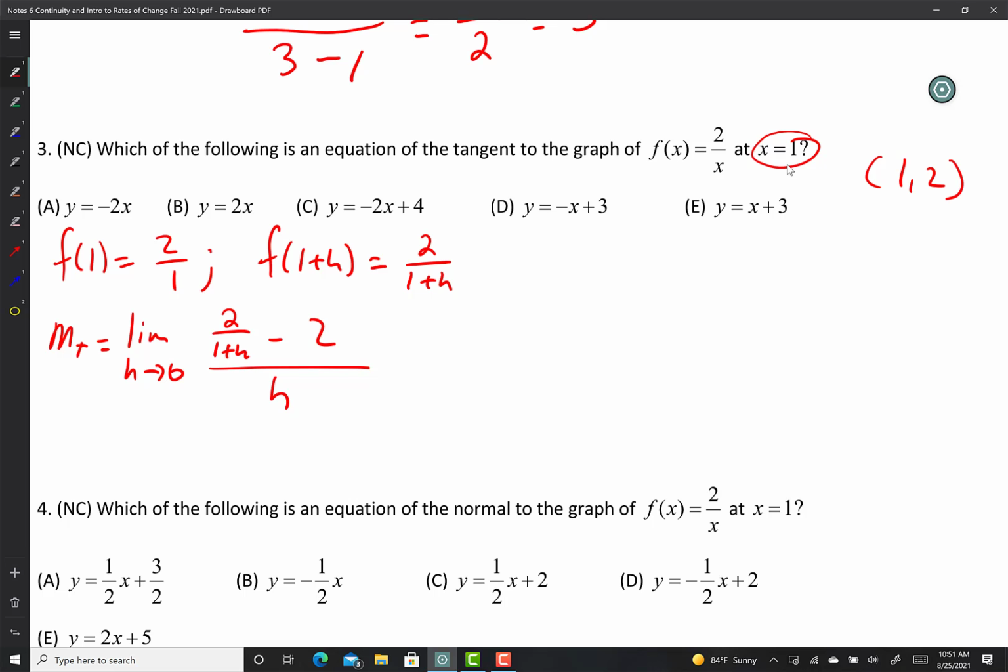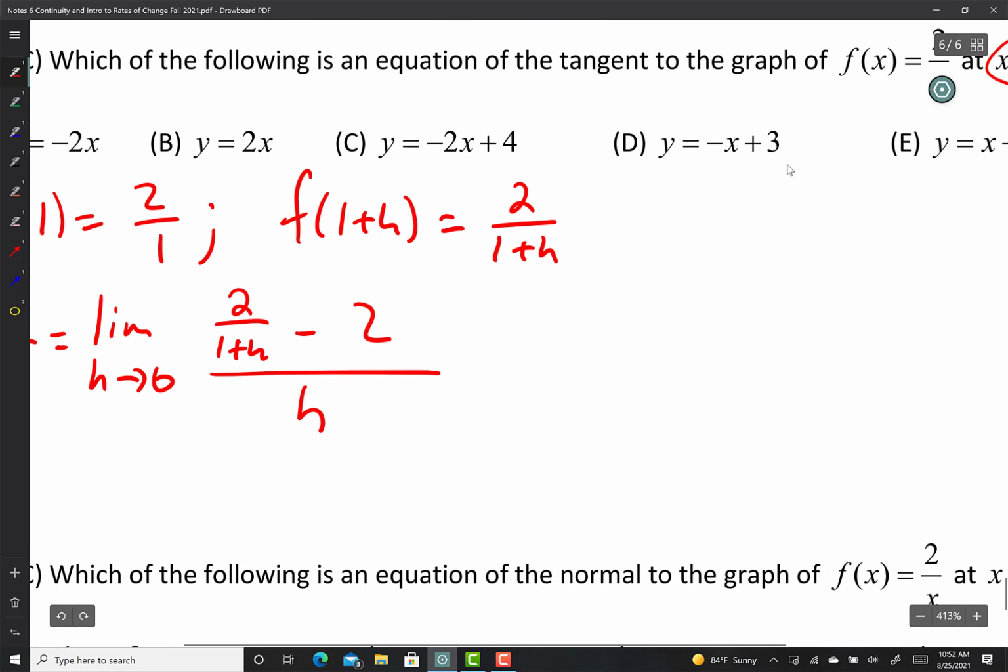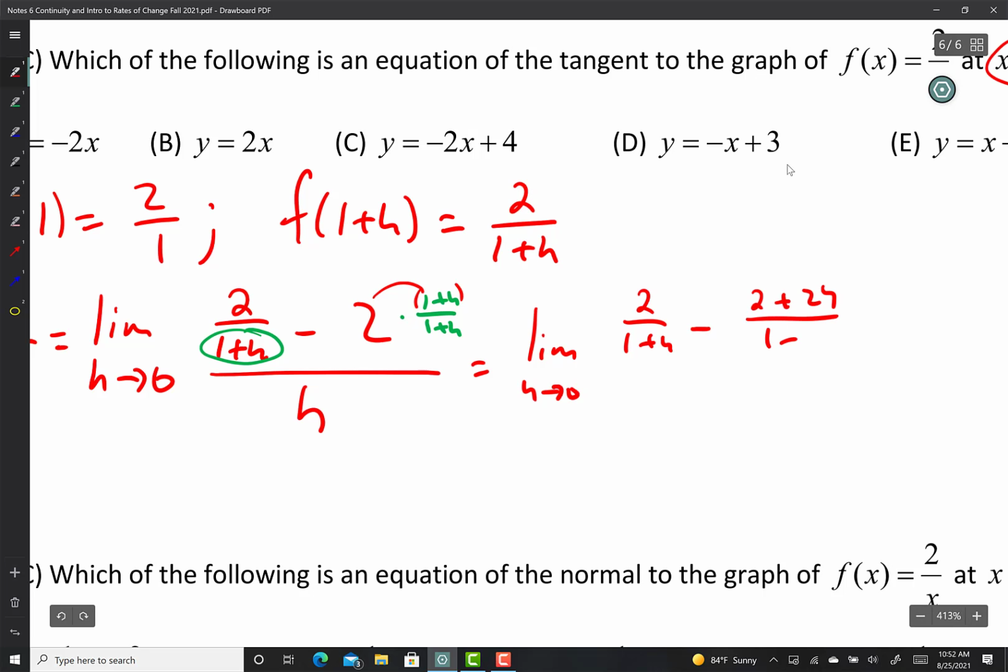So now you just do algebra, guys. I'm going to multiply the term on the right by 1 plus h over 1 plus h. Why? Because I have a 1 plus h in the denominator of that numerator. So here we go. Limit as h approaches 0, 2 over 1 plus h minus, and let's distribute the 2, so 2 plus 2h over 1 plus h, all over h.